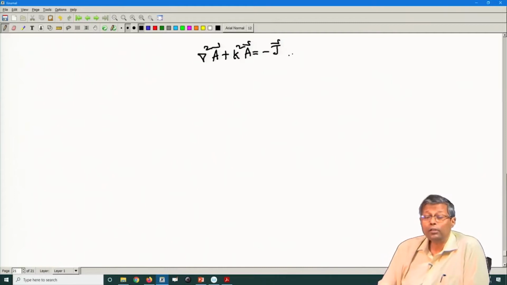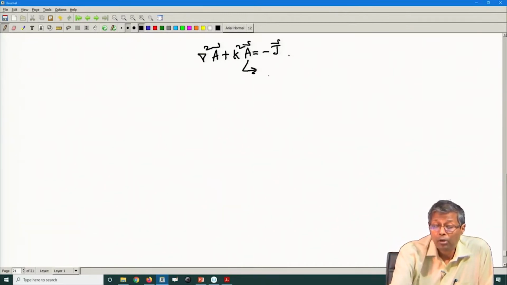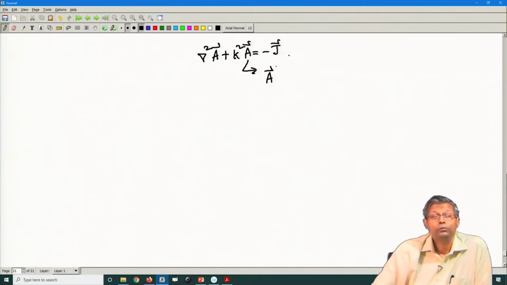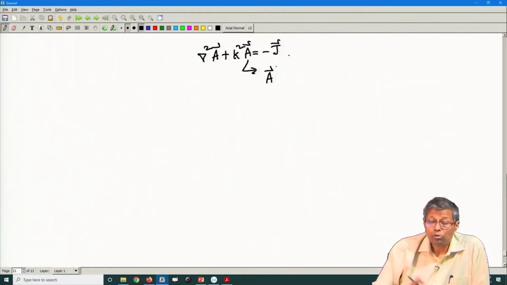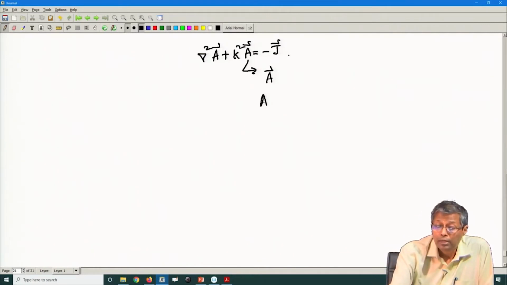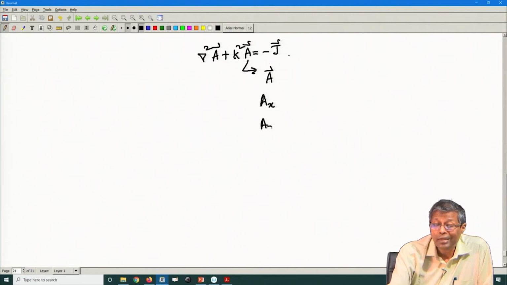The other significance of the Helmholtz equation is that a particular orientation or polarization of A is going to generate a particular orientation of field or a particular type of field. So, for example, if A is Z directed, it will generate the transverse magnetic to Z mode.